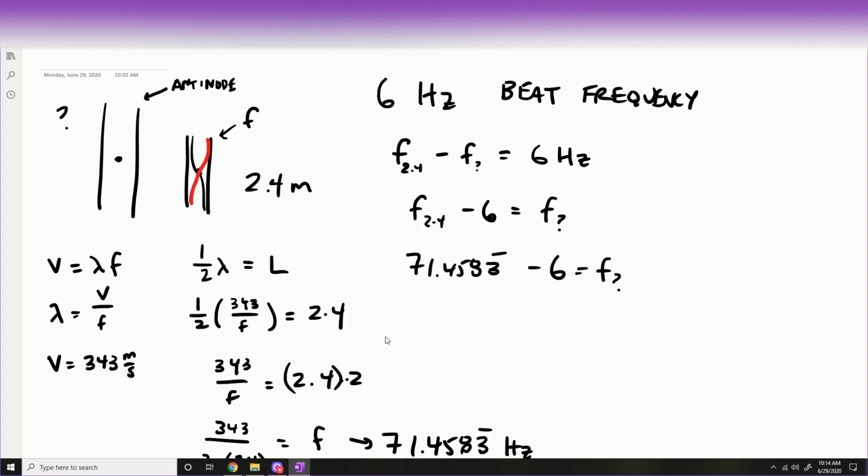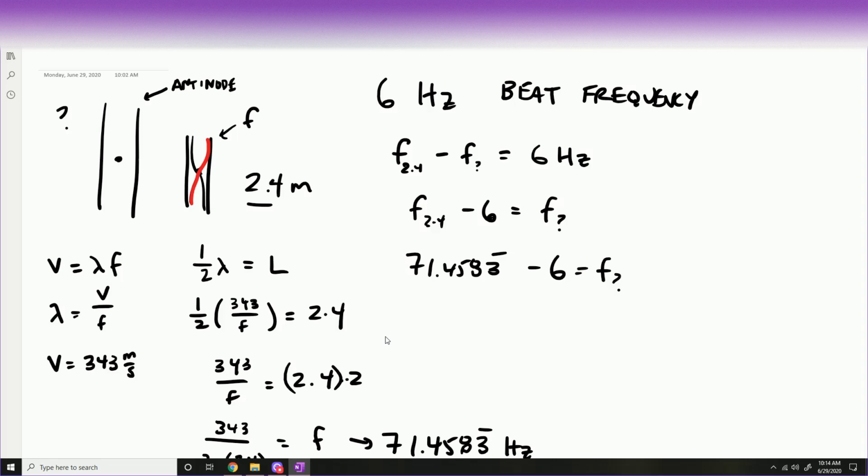If you didn't know that and you added 6, what you're going to get is a length that's shorter than 2.4, and then you're going to know it's wrong because the question asks you what is the longer tube. So if it ends up being shorter, that's going to be wrong. So that's where you're going to want to check your work. So then we just do subtract.